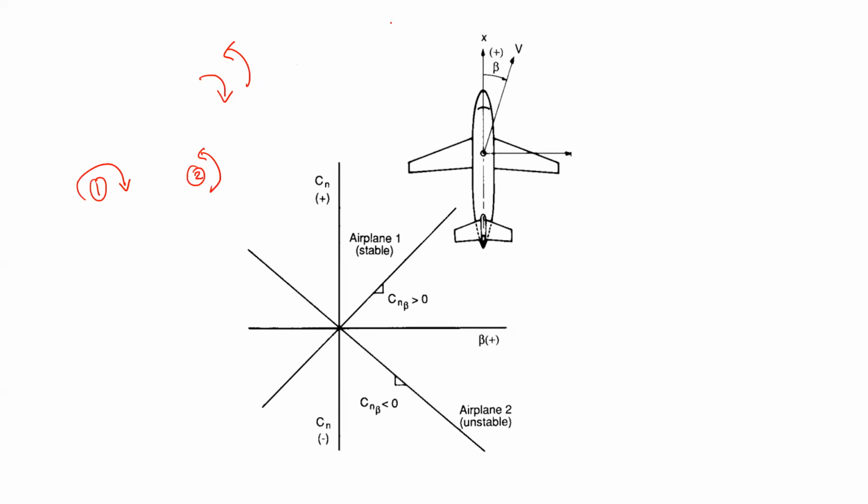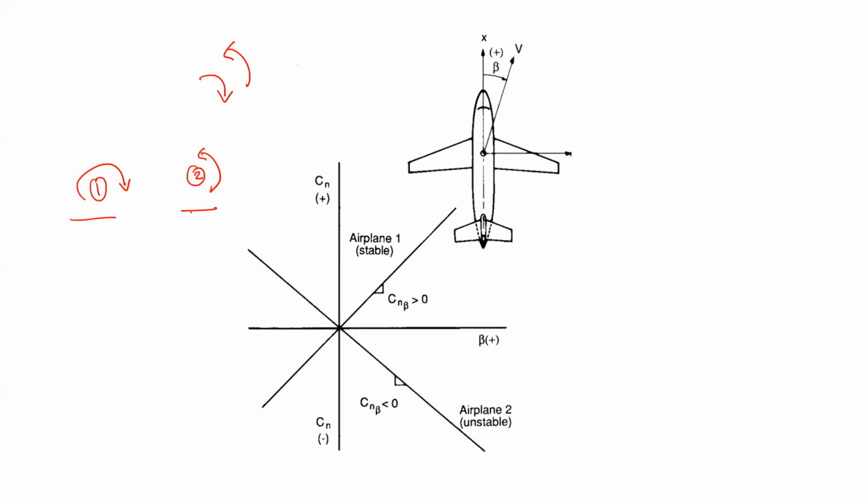Achyut, which way will it rotate? If it's directionally stable, it will rotate anti-clockwise if the wind tries to push it. So what is the answer? Answer 1 or answer 2?